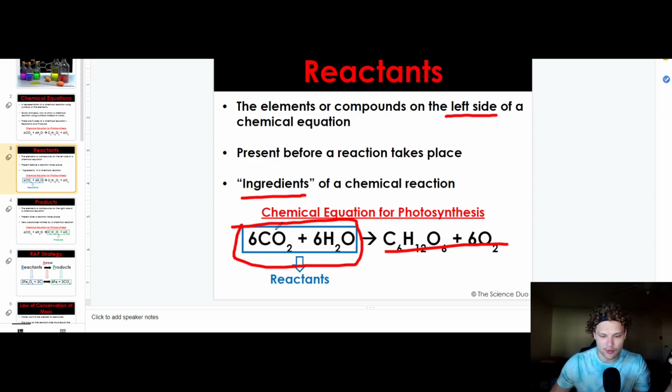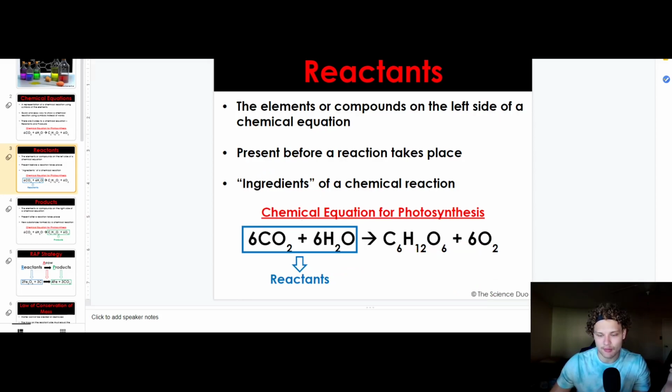It's the beginning of our reaction, and it combines these two things to create our product. So this would be the cake on this side, whereas the other side would be the ingredients of that cake.